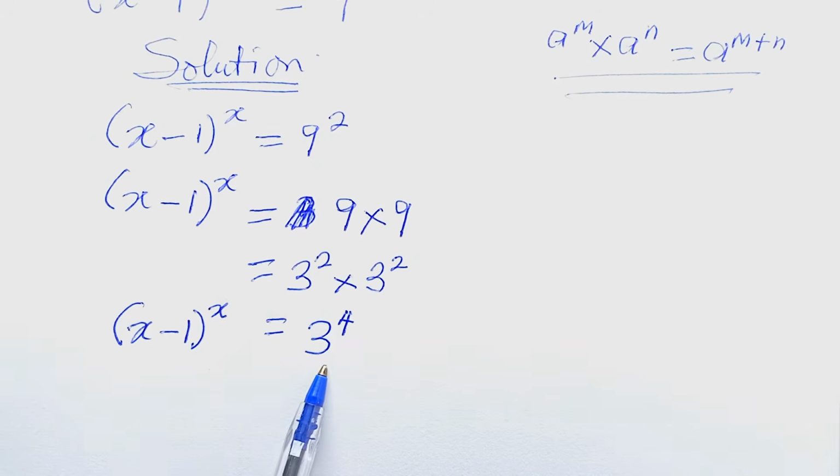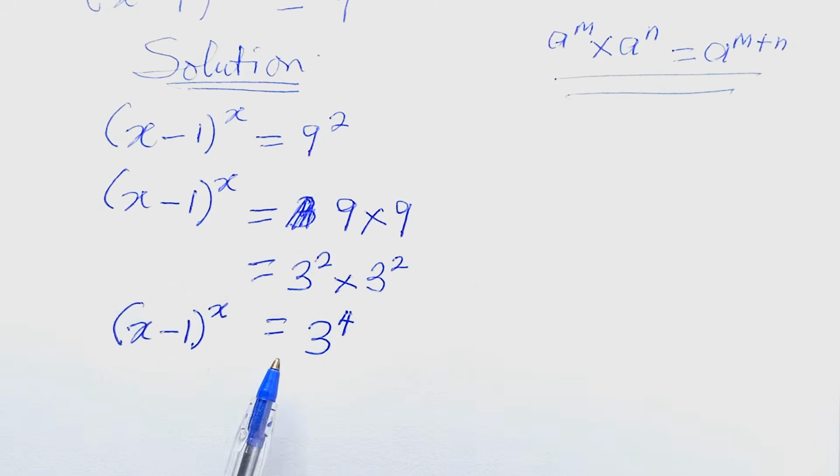So we think of rewriting the right-hand side of the equation to give us a particular number minus 1 raised to that same number. And we know that 3 could be written as 4 minus 1. We can rewrite 3 in that format.